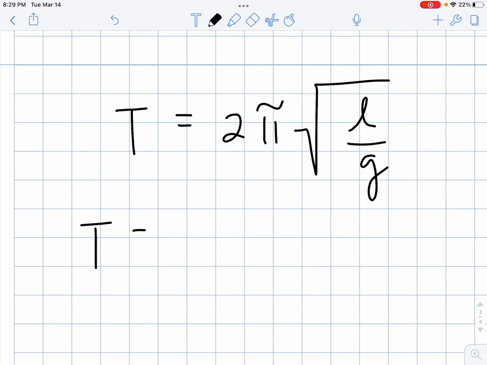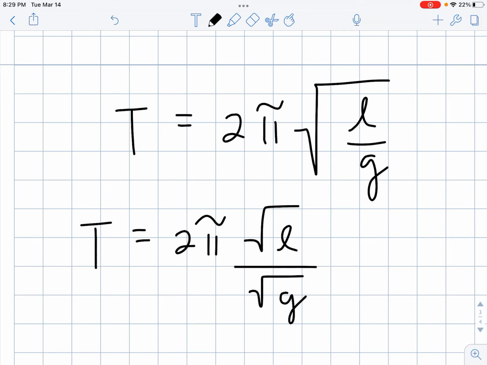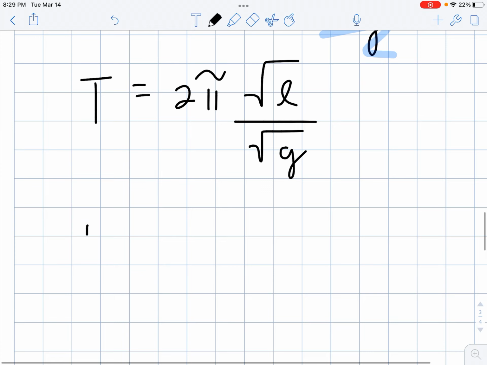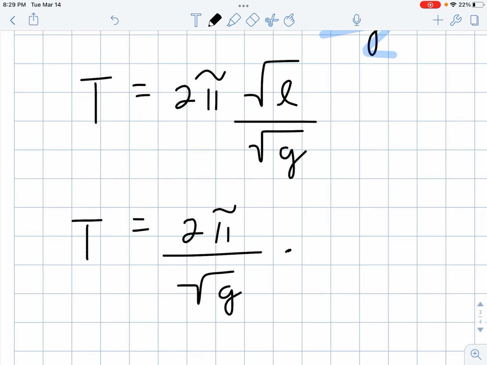We have T equals 2 pi times the square root of L divided by the square root of G. That's just a square root rule, this term can be broken into 2 parts. And now I'm going to rearrange the equation. T equals 2 pi over the square root of G times the square root of L.